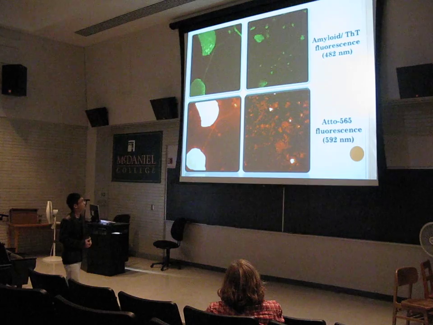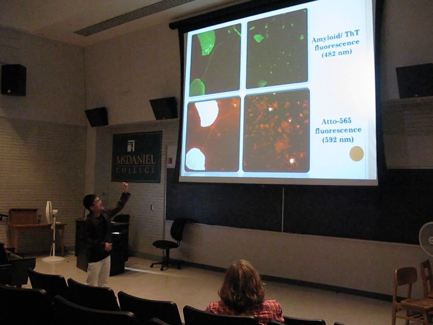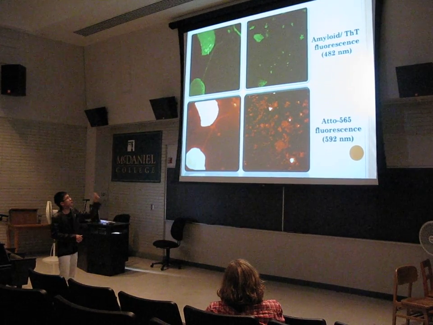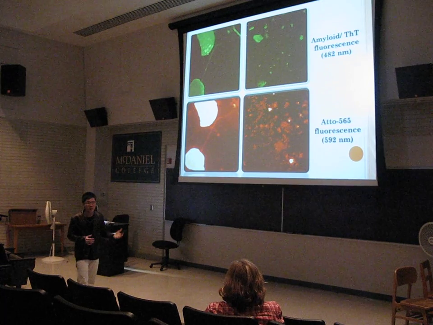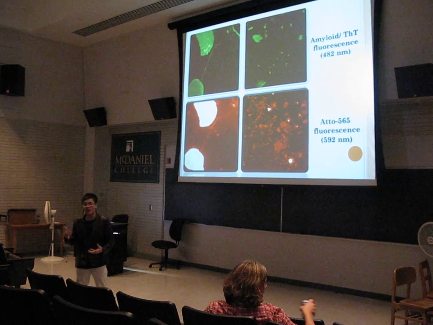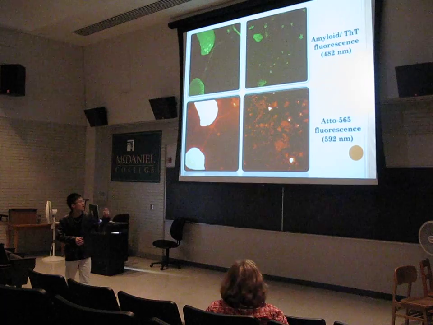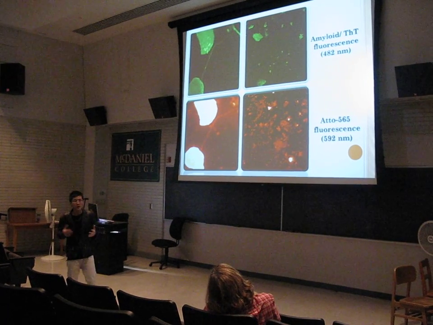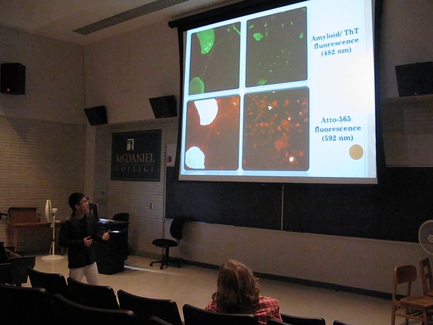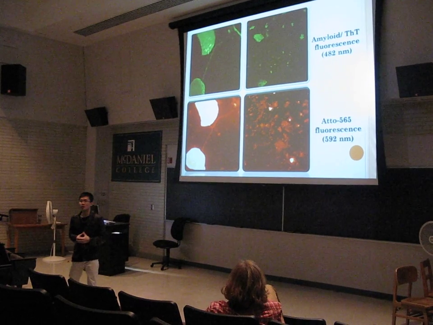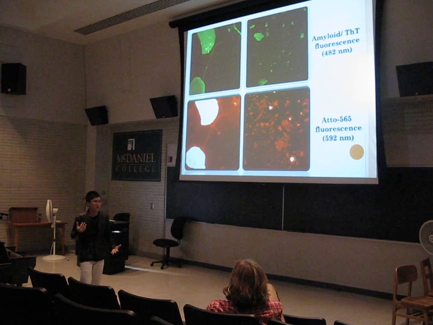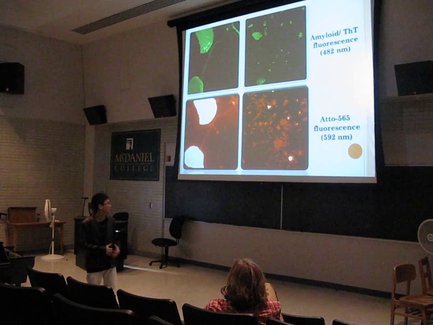Under the fluorescent microscopy, we can see that at the very first set of wavelength, 482, the thioflavin and the amyloid fiber fluoresce with a greenish color. However, with the totally different set of wavelength at 592, it fluoresces with a shiny red color.